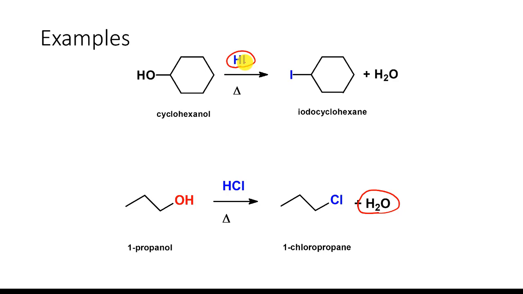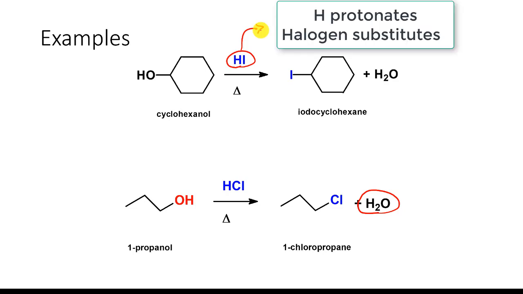That's the acid that we're using to protonate. If we're using HI, HCl, HBr, what you end up getting is substitution. So this is an SN1 or SN2 reaction where the iodide substitutes for the hydroxide, and you'll notice that the other product out here is water.